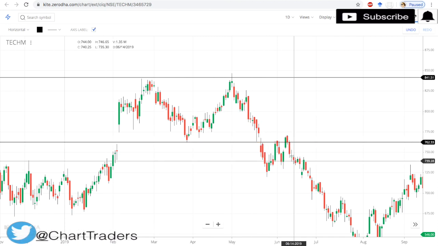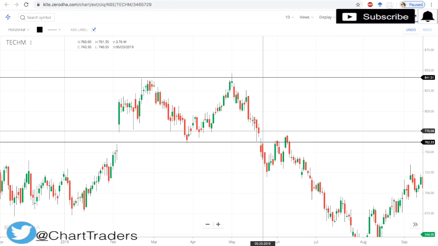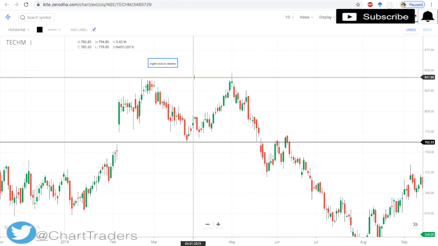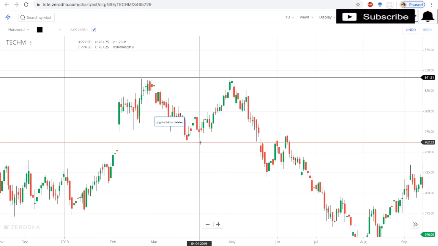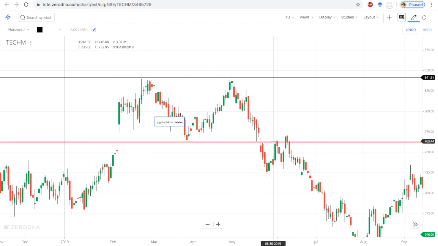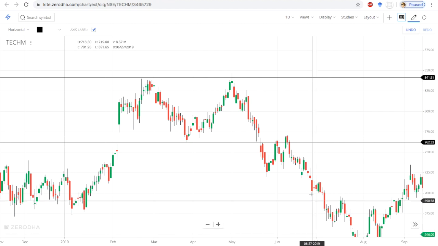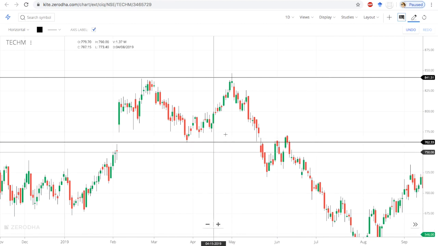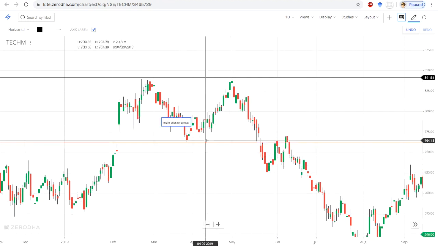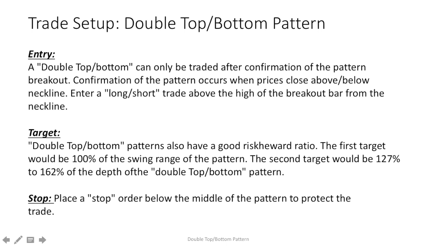Now what is the target? Around 850 minus 760, so around 80 points. So 760 minus 80, around 680. It has already gone down to 650. So you can trade easily with the help of double top and double bottom patterns.